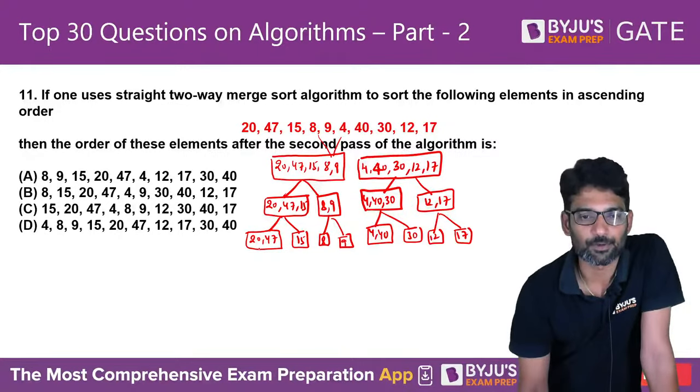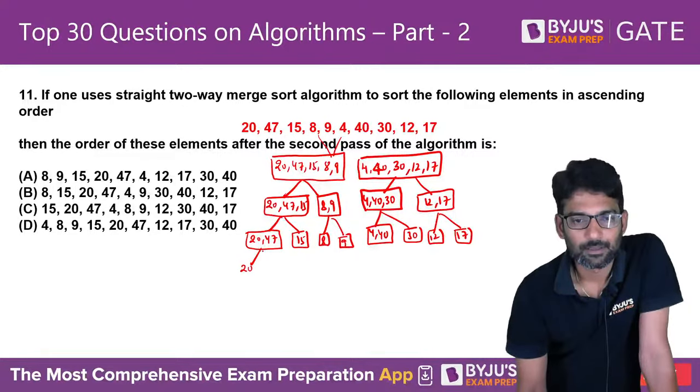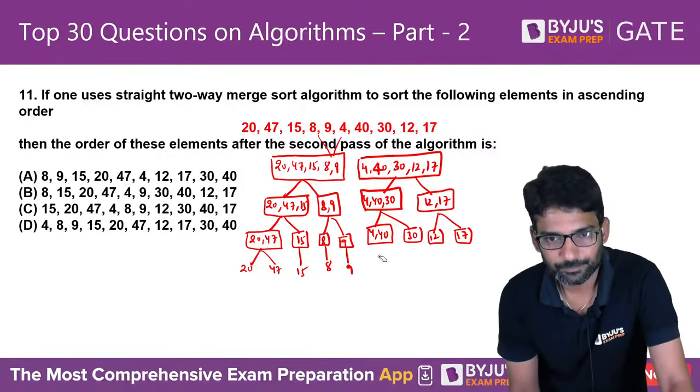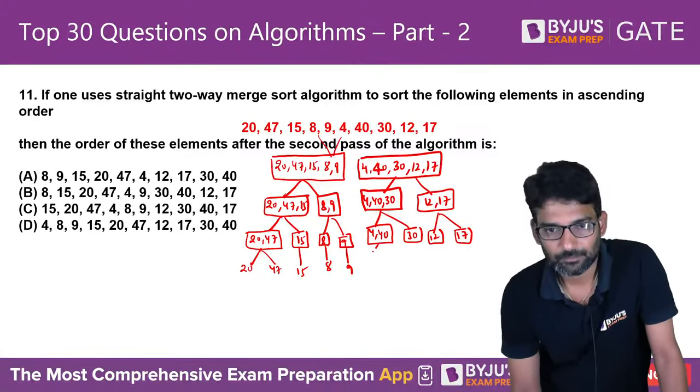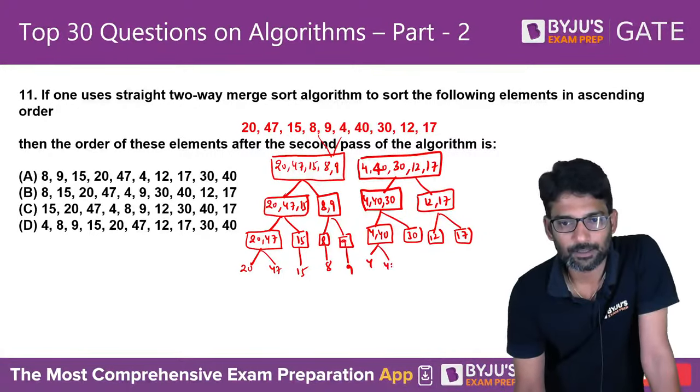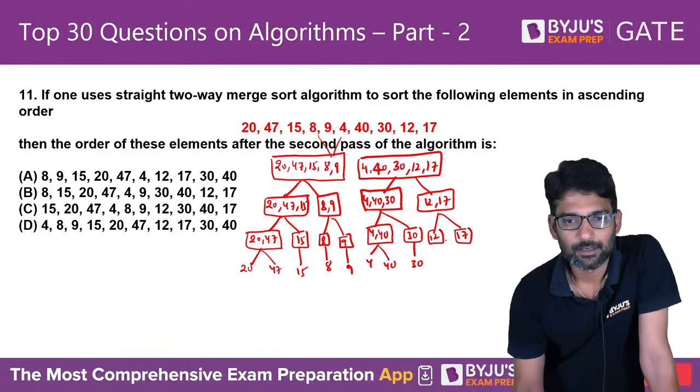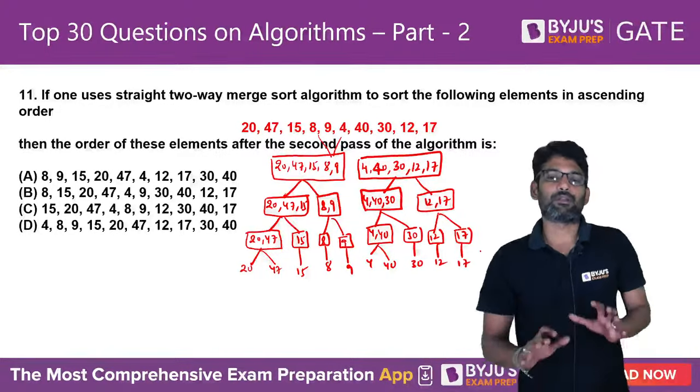Observe the division process. 20, 47, 15, 8, 9, 4, 40, 30, 12, 17. So this is division.